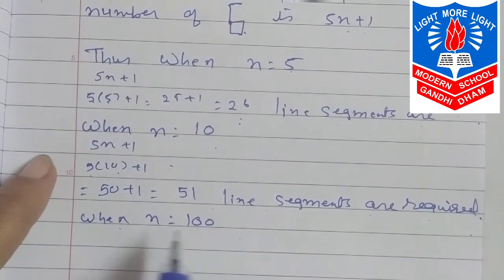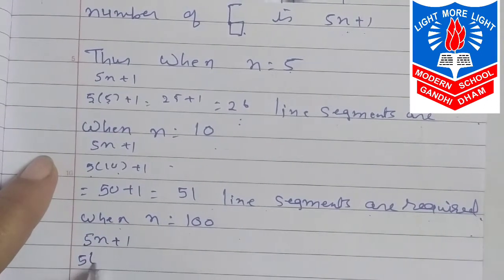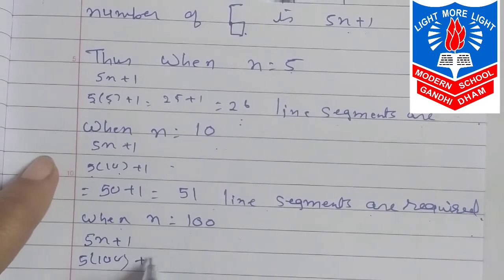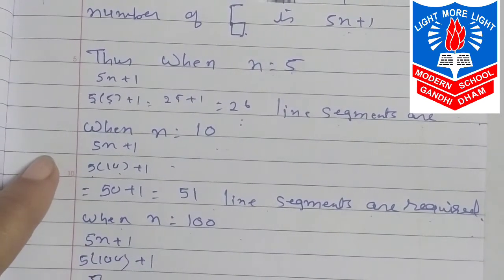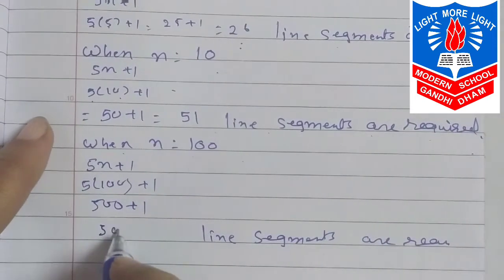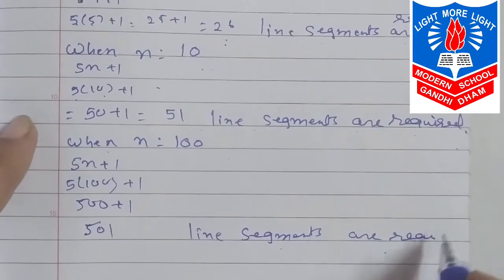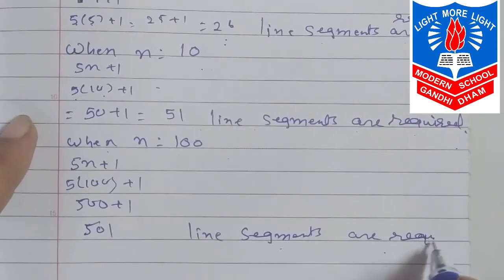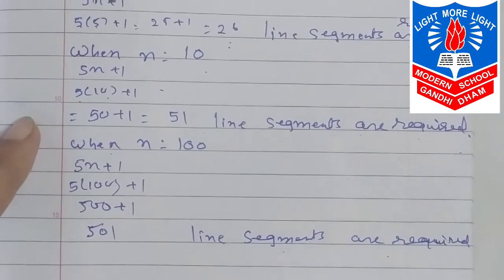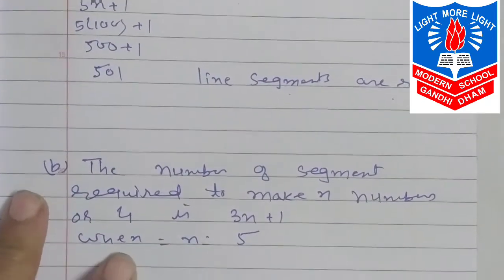When n is equal to 100, 5n plus 1, in place of n put 100, plus 1, so 500 plus 1 is equal to 501 line segments are required.